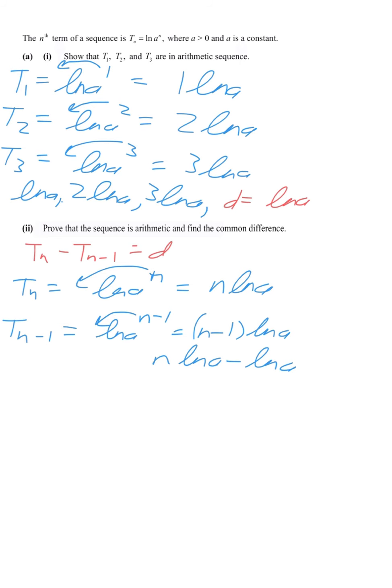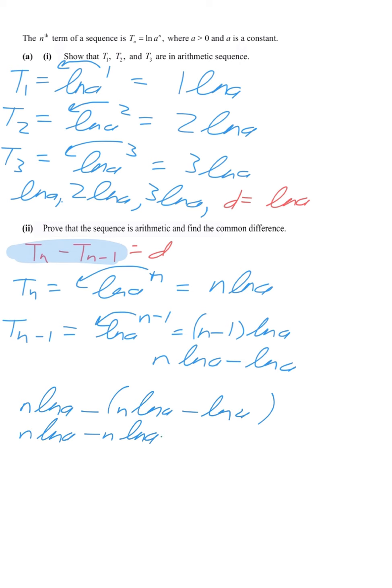Now if we go back to the start here, and if we subtract them, so Tn is n ln a, minus n ln a minus ln a. So n ln a minus n ln a plus ln a.